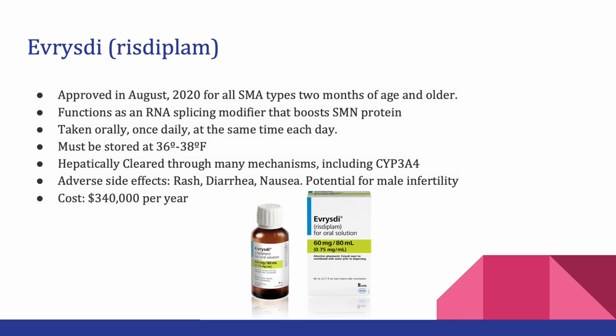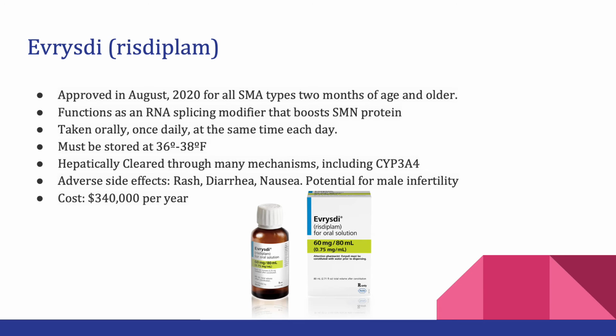So males who wish to conceive at some point in their lives need to be aware of this potential side effect. And the cost, while extremely high at $340,000 per year, was actually intended to be lower than that of nusinersen to entice those already being treated with nusinersen to change their treatment plans.